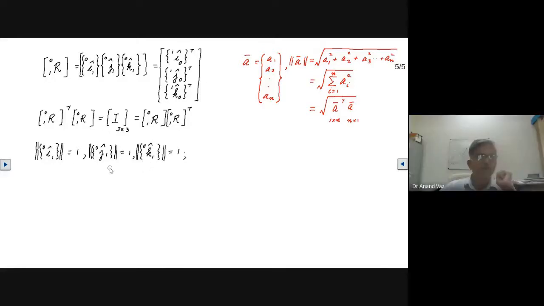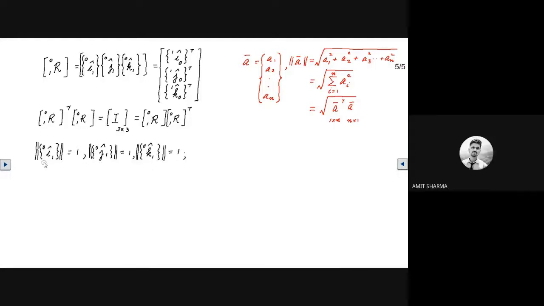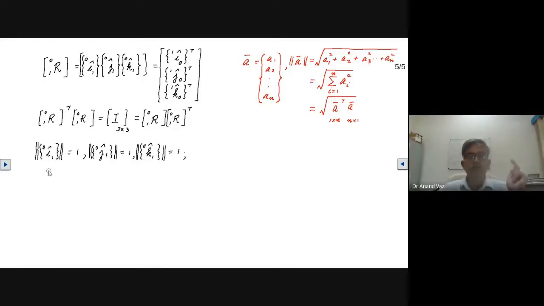Now, what is the next restriction on this? It's an orthonormal matrix. Normal part we have said. Now comes the ortho part. They are mutually perpendicular to each other. How do you specify that two vectors are mutually perpendicular to each other?